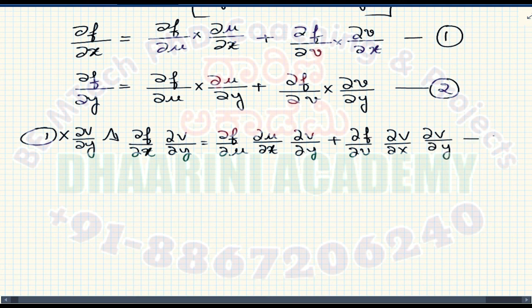So equation number 6. After that, now equation number 2, I need to make that also to have the same terms as equation number 1, so that you can cancel some terms.